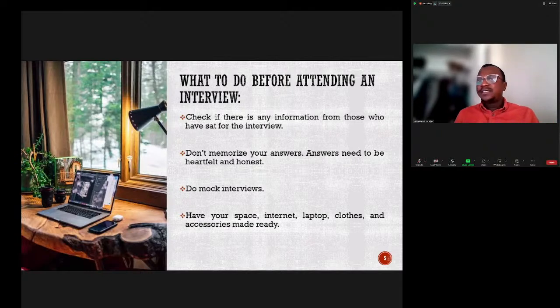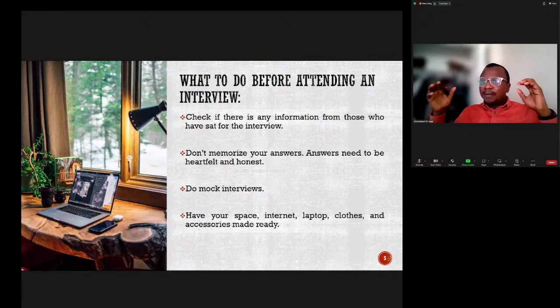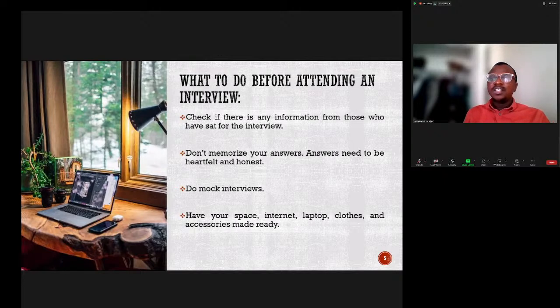Then have your space, the space that you're going to be using for the interview, make sure you have it ready. Make sure it's a place that is devoid of distraction. If it requires that you leave home, please do. Have your accessories, your computer, your laptop, have it charged.